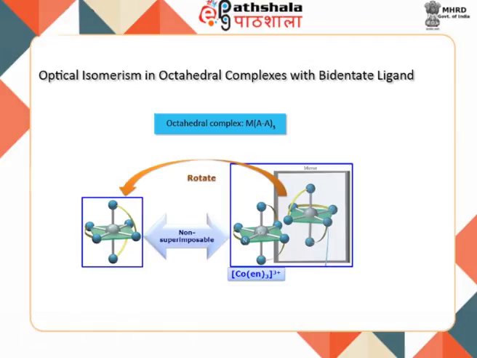As you can see, the tris ethylenediamine cobalt 3 ion is chiral, in spite of the fact that the 3 ethylenediamine ligands are all the same and are themselves symmetrical. Complexes with 3 rings, such as the cobalt complex, can be viewed like a propeller with 3 blades. The structure can be either left or right-handed with non-superimposable mirror images.